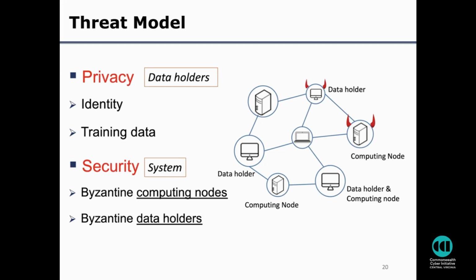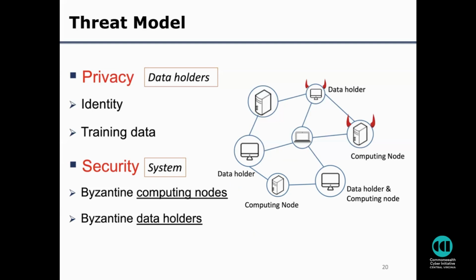One is Byzantine computing nodes who append new blocks onto the main chain. They can generate incorrect model update information to trick data holders when calculating their local gradients, and then the gradients are not accurate.